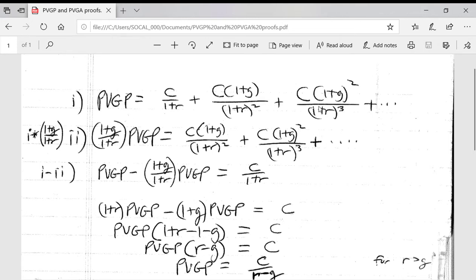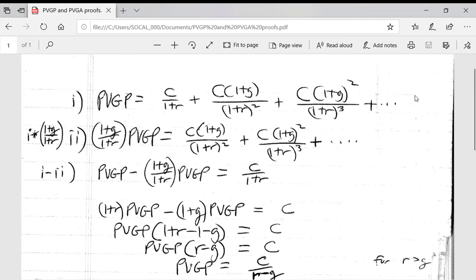And the next cash flow would be C times (1 plus g) squared. That would be the date 3 cash flow. And then to move that date 3 cash flow back to date 0, we divide it by (1 plus r) cubed. Again, it's the same as multiplying C times (1 plus g) squared by 1 over (1 plus r) cubed. Okay? And then a plus and then dot, dot, dot, because this continues on forever.